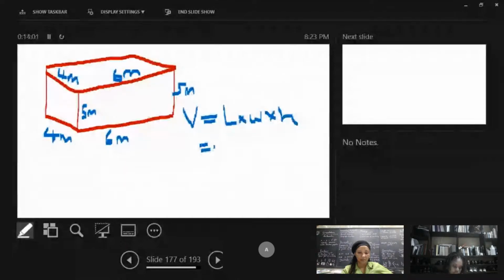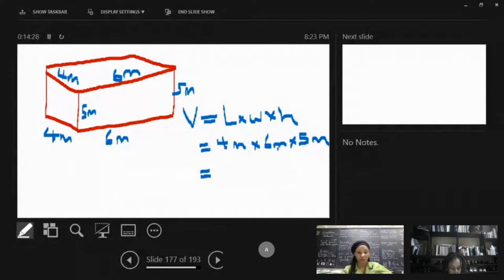Multiplication is associative, so it doesn't matter which two we work first, right? The unit for volume is going to be cubic units, since it's 1 unit times another unit times another unit. So that's unit cubed or cubic unit.